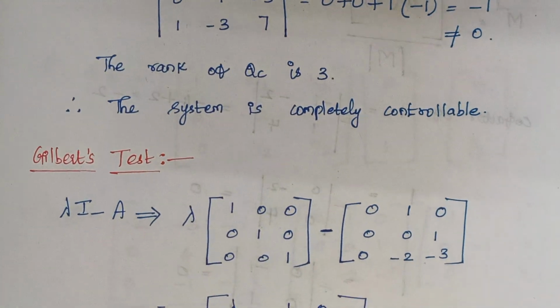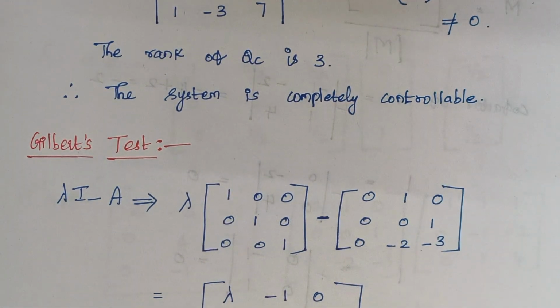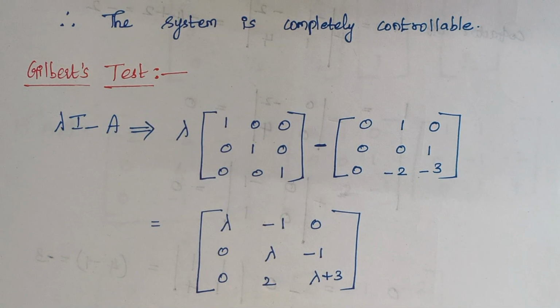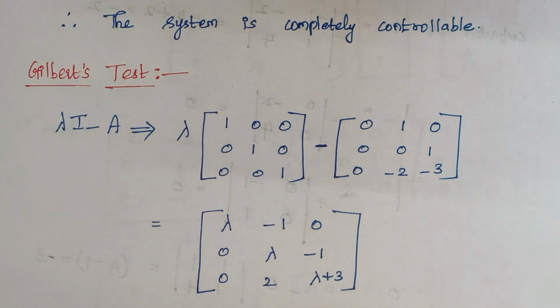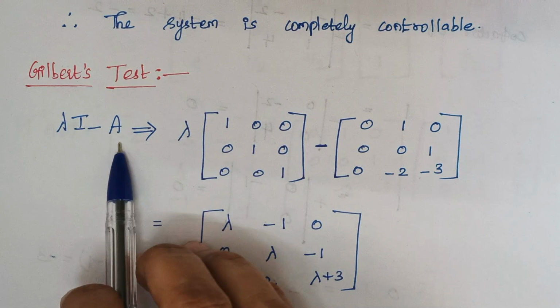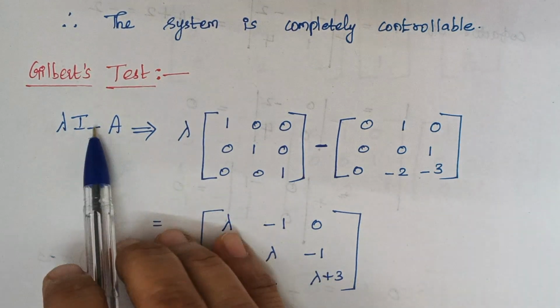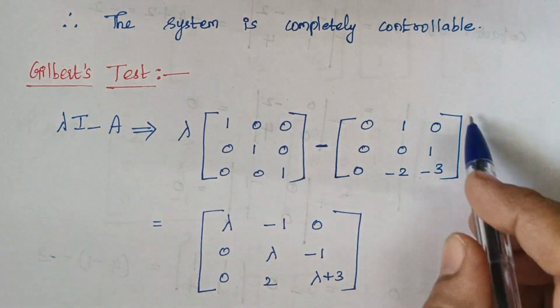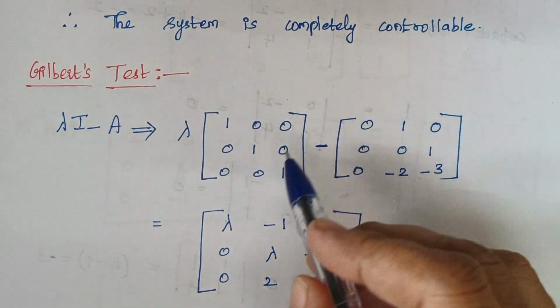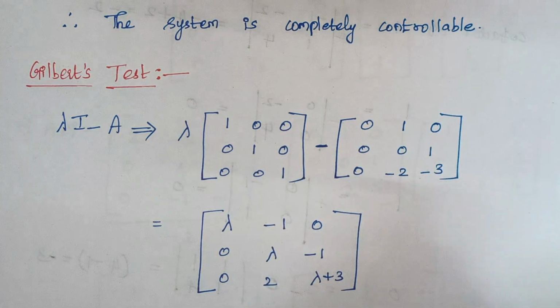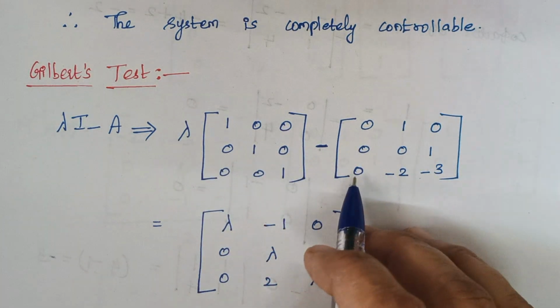For Gilbert's test, the first thing is to calculate the eigenvalues. How to calculate eigenvalues? We have to find the determinant of the matrix lambda I minus A. First we calculate lambda I minus A. Here the A matrix is a 3 by 3 matrix, therefore we select the I matrix as a 3 by 3 identity matrix.